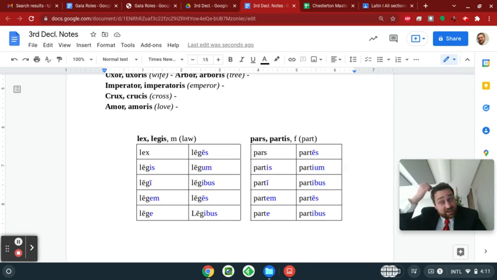So the third declension has all of those. So you might be thinking, maybe all words that are declined like lex legis are one gender, words that are declined like pars partis are another gender. But that's not the case.